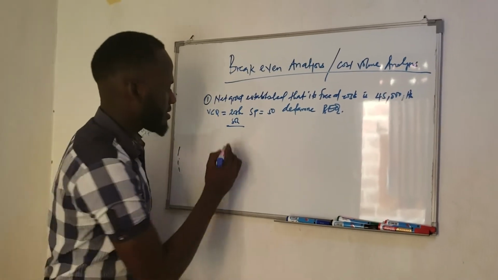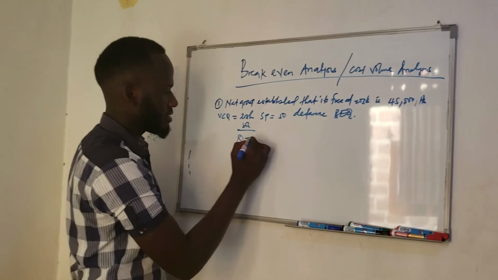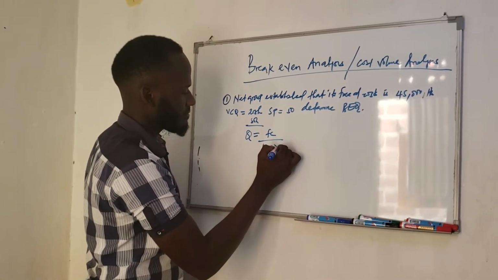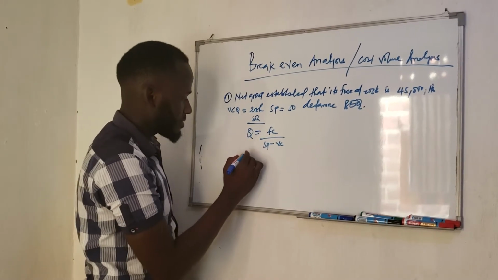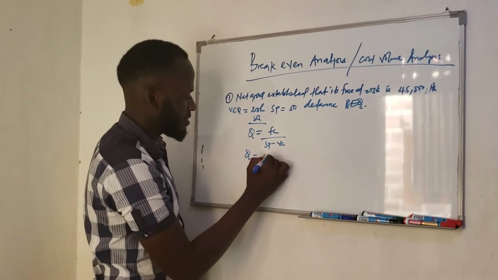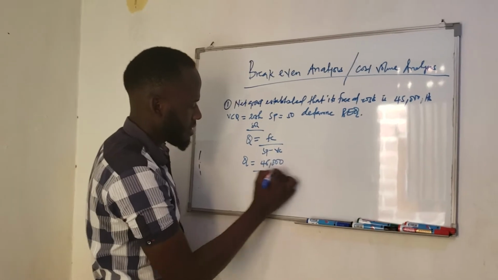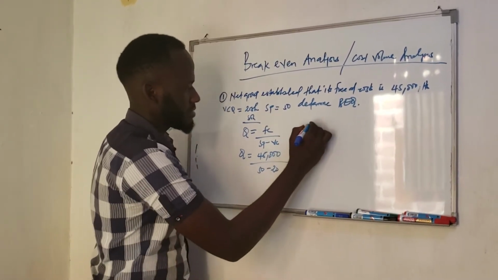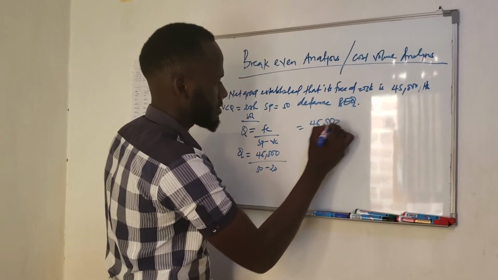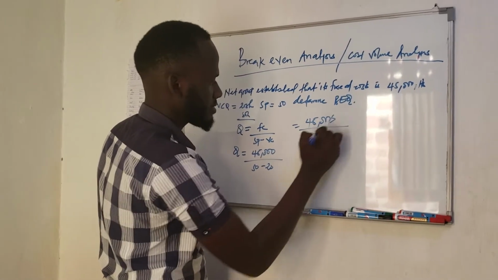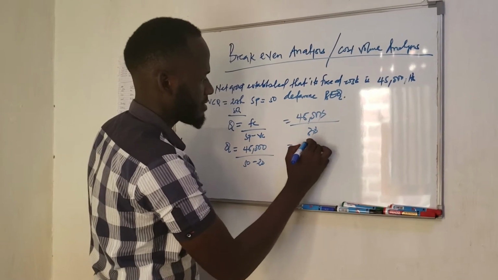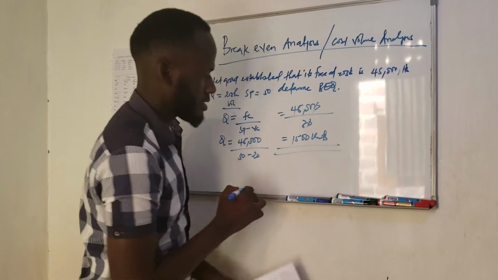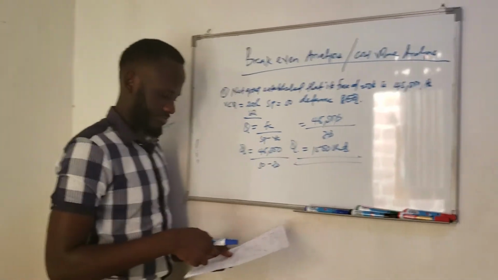So our break-even quantity is given by the fixed cost over selling price minus variable costs. Therefore our quantity will be given by our fixed cost, which is 45,000, over our selling price, which is 50 minus 20. This gives us 45,000 over 30. We cancel this. We shall get 1,500 units. So that is our quantity.